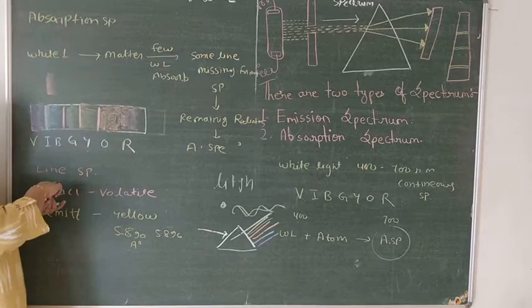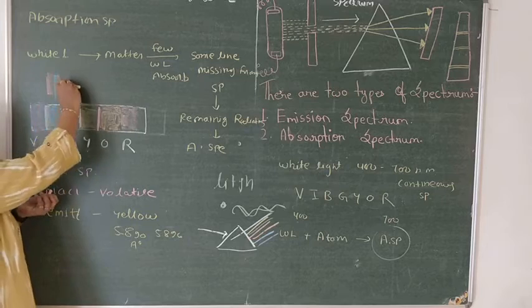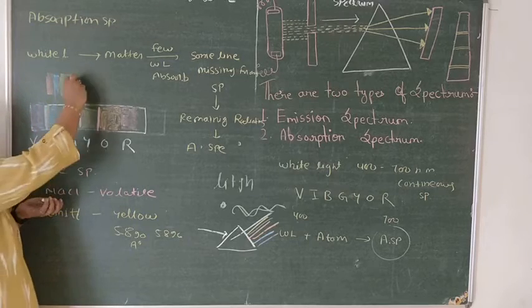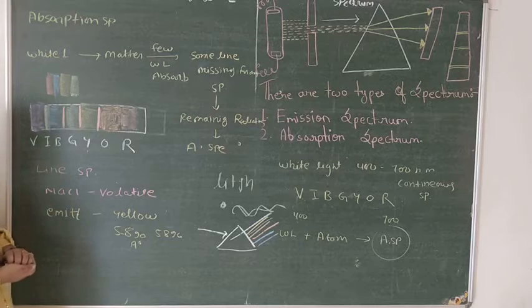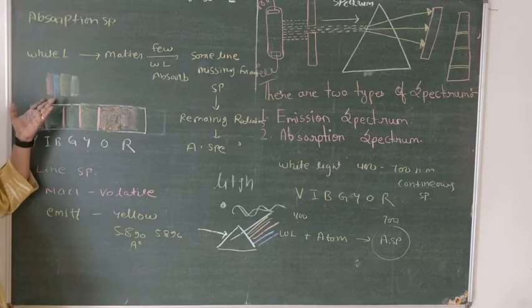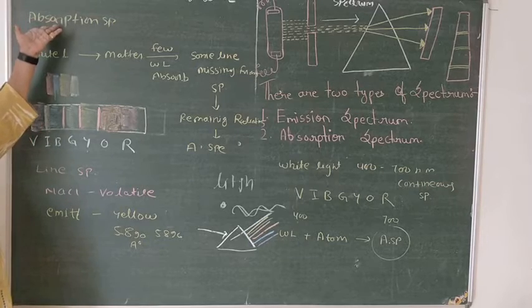Like this: red, then continuously blue, then yellow, then green. If you get a band of color that is constantly continuous, such a spectrum is known as a continuous absorption spectrum.